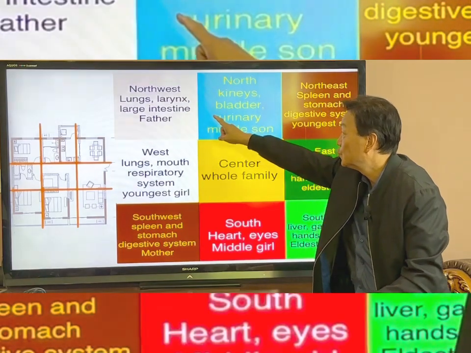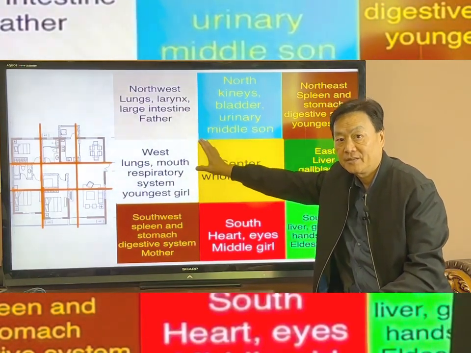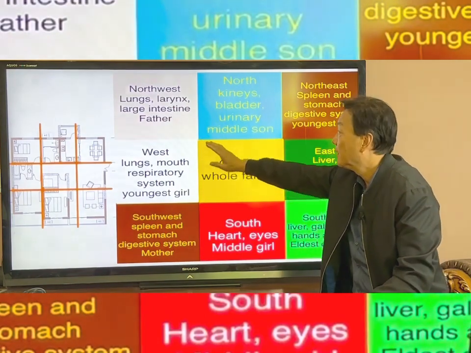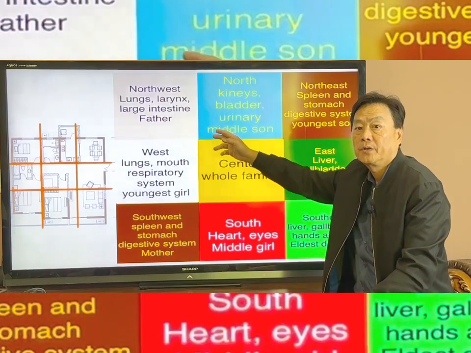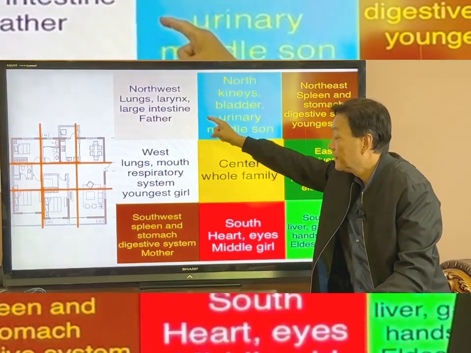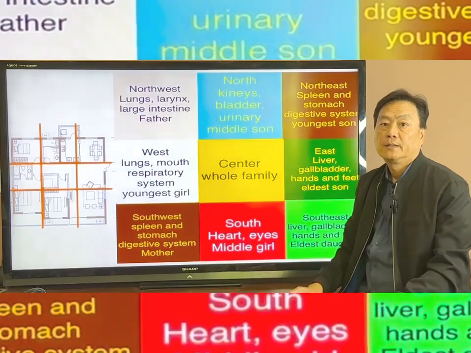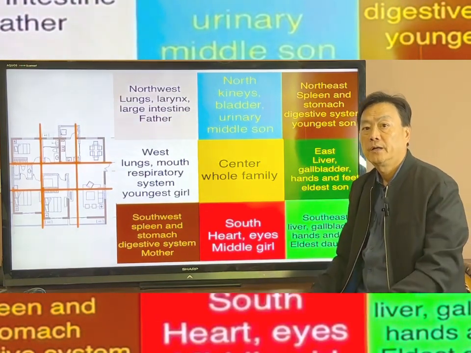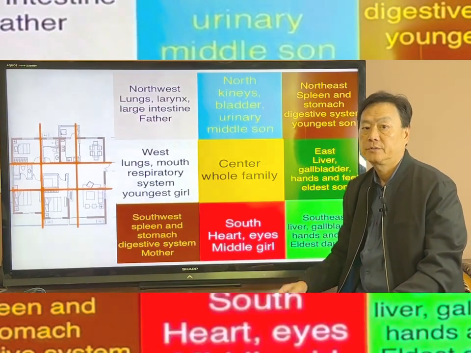Northwest represents the house member, the father, who lived in the northwest section. If the northwest section is missing, it will affect the father's fortune, and also the father's health.